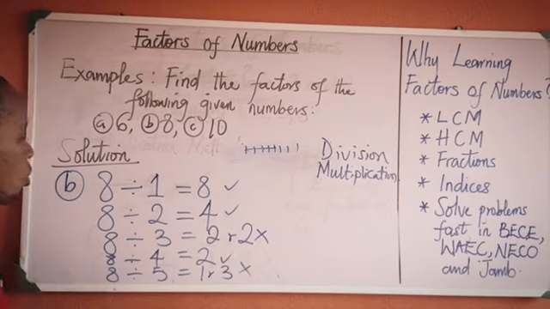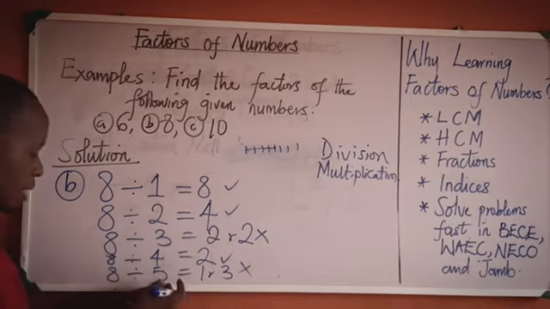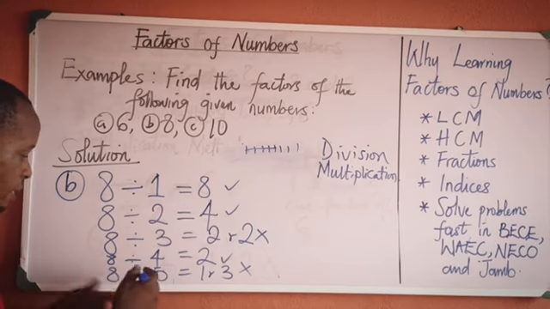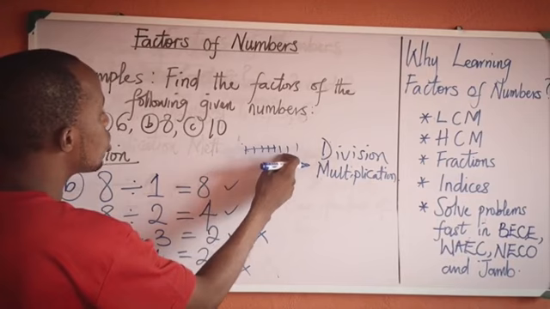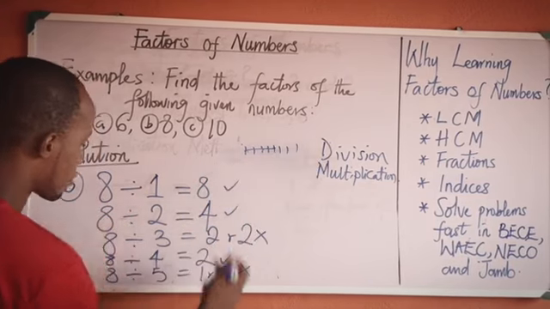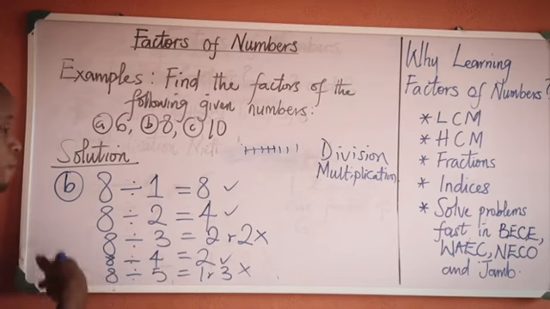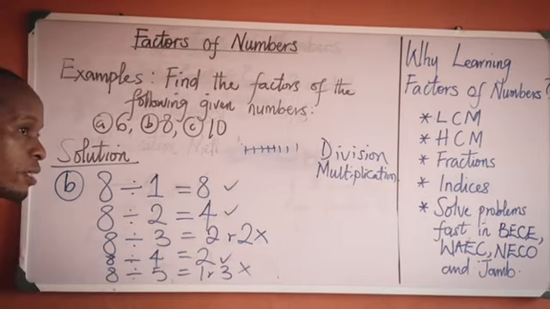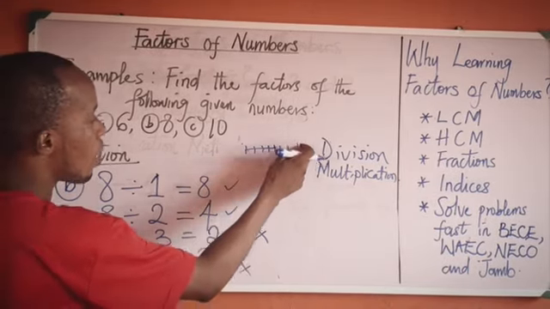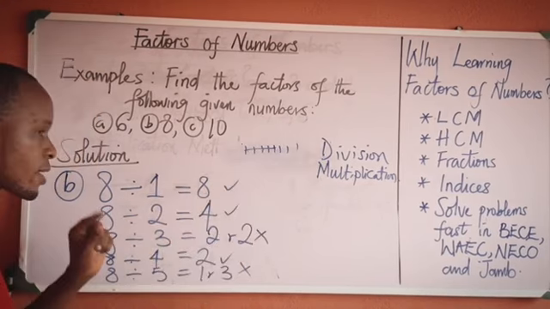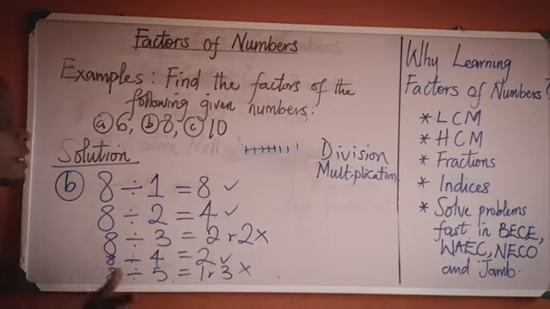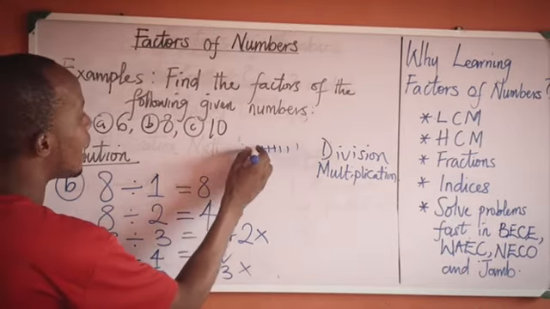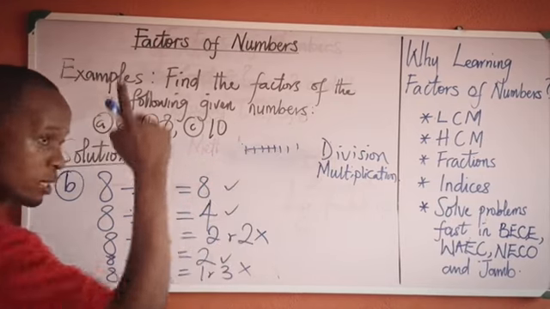If you go ahead to the next whole number, which is 6, saying 8 divided by 6, by the time you count out 6, you will have a remainder of 2. That means 6 is not a factor of 8. If you go further to 7, you count out 7, you are going to have a remainder of 1, which means 7 is also not a factor of 8. Then if you go ahead to 8, 8 is going to divide the whole number 1 time.